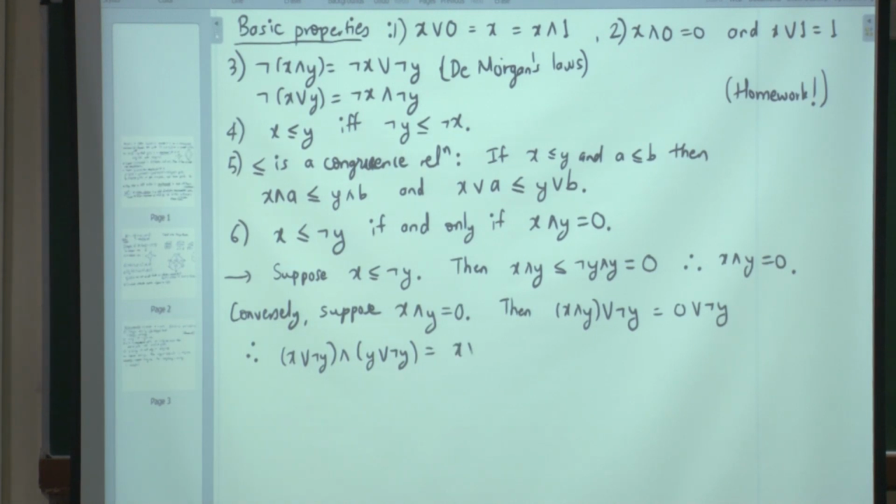So therefore this is this, and that's equal to what is the other side? 0 join negation y. Done. Yeah, this is the restatement of x is less equal negation y. You have to play around with these identities.